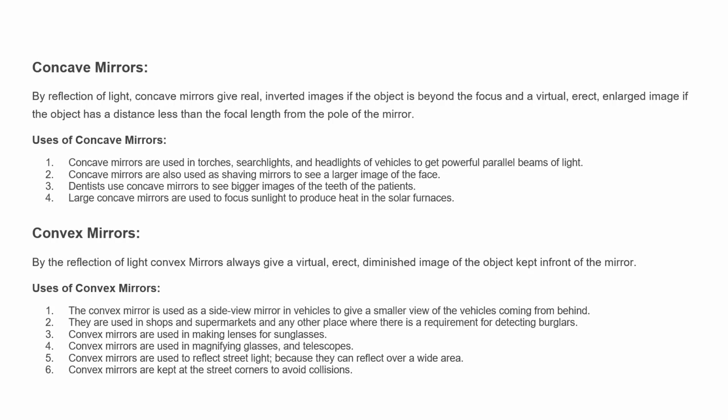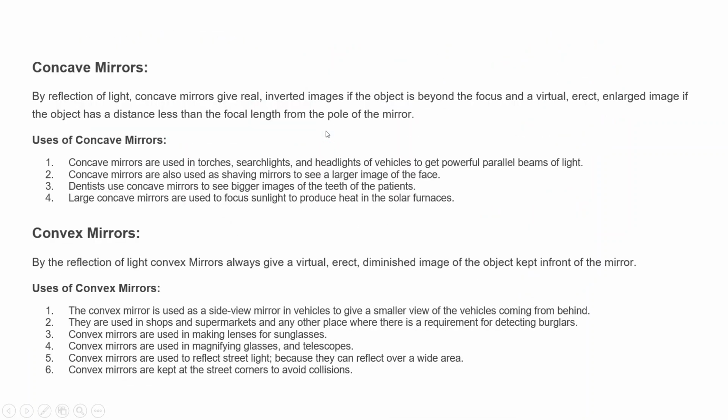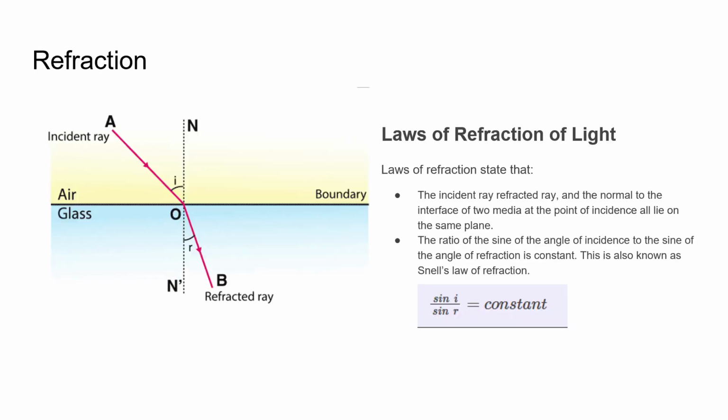Also, the important thing is, since the image formed is virtual, the image is erect. Unlike a concave mirror, where the image was upside down, in a convex mirror the image I am getting is erect. So I am not seeing a vehicle coming upside down, I am seeing it erect. That's why it's very useful in side mirrors or similar applications.